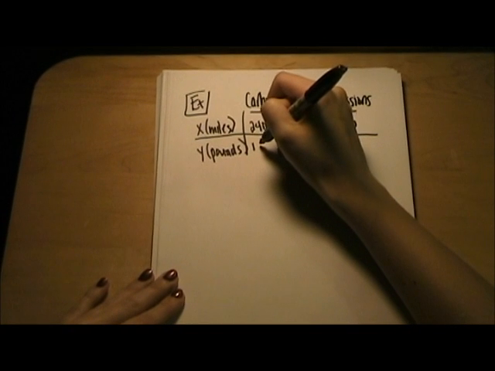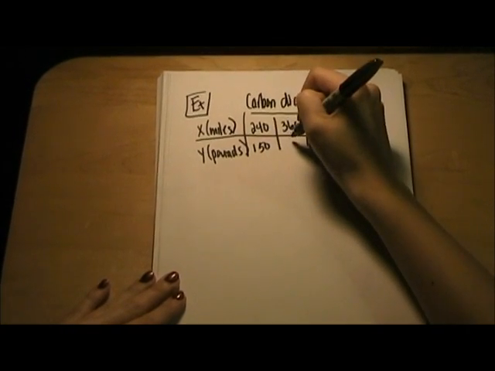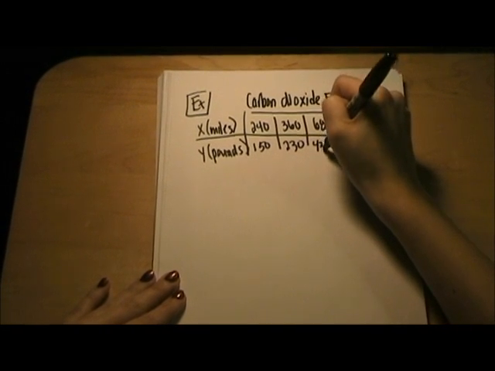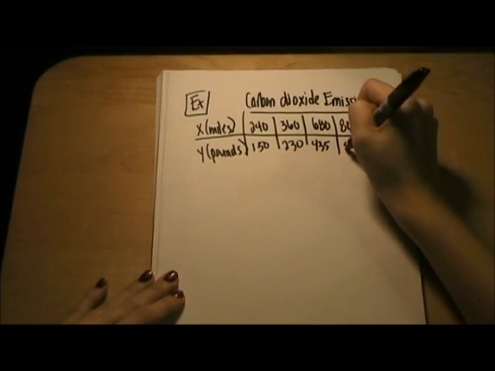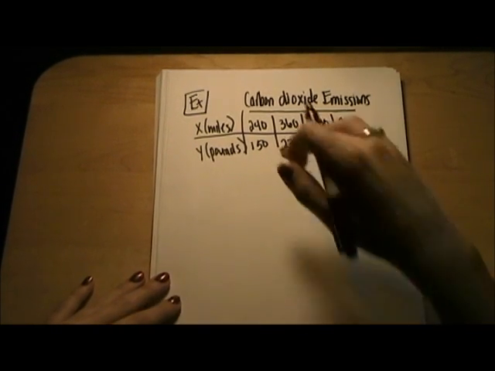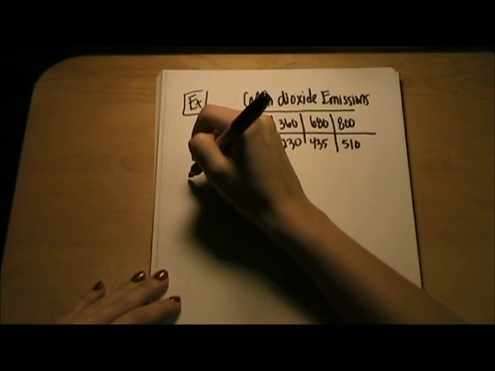And then our y values are 150, 230, 435, and 510. Slopes are not the same throughout, but they are close enough.